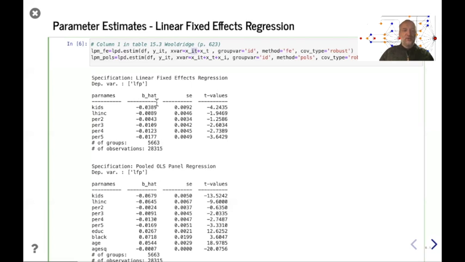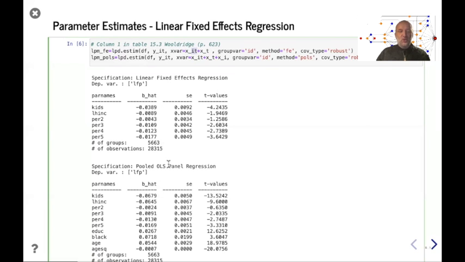You clearly see there's a negative effect of children on females' labor supply, which is what we would expect. The same with the log of the husband's income. If that's very high, you're less likely to participate in the labor force as a female, at least in this data set. It turns out that this is borderline significant.